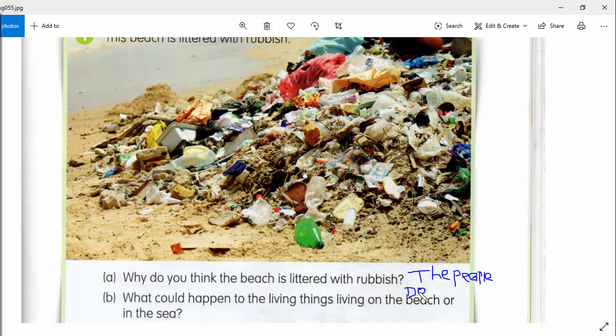So what could happen to the living things that live around there, on the beach or even in the sea? What will happen to all of them? Do you know that?